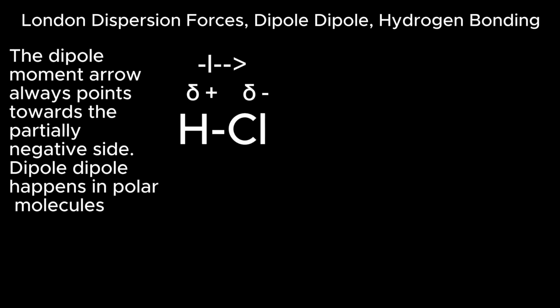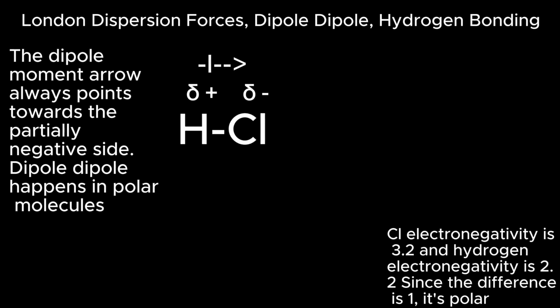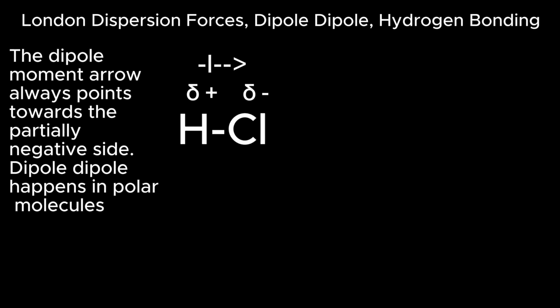Now, dipole-dipole is when one end of a dipole in a molecule gets attracted to another end of a molecule that has a dipole. So, let's take HCl for example. Because hydrogen is less electronegative than Cl, this creates this dipole because the electronegativity difference is more than 0.4.